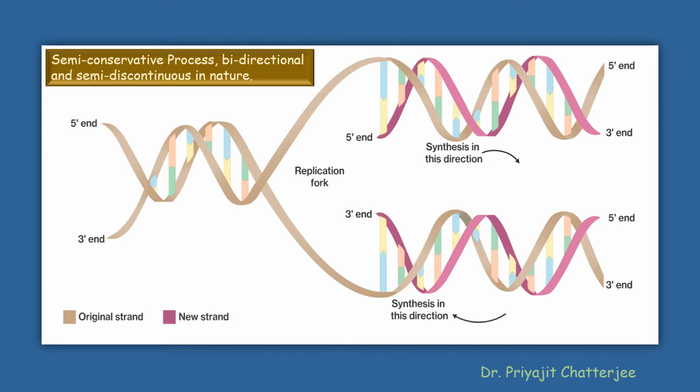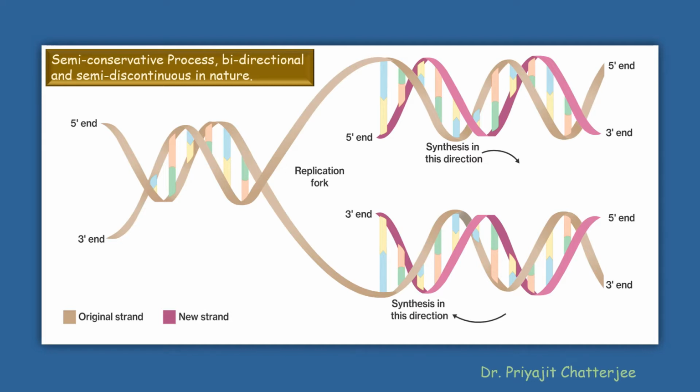That's why it is known as semi-conservative, and it was proved by the experiment done by the scientists Meselson and Stahl, using two isotopes of nitrogen, N15 and N14. They proved that this DNA replication is semi-conservative in nature.